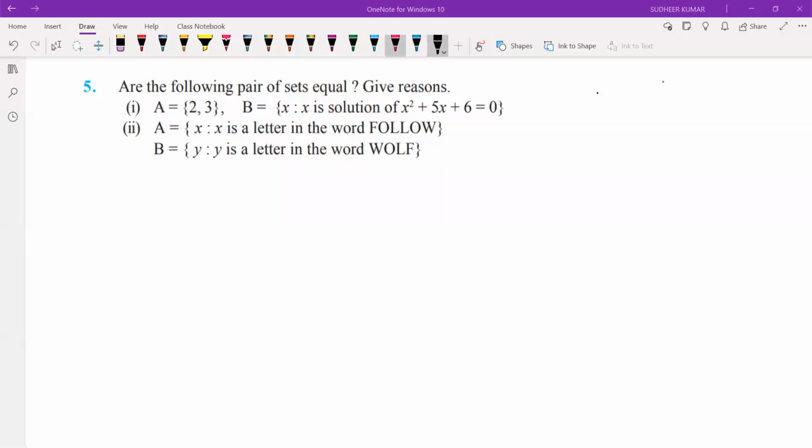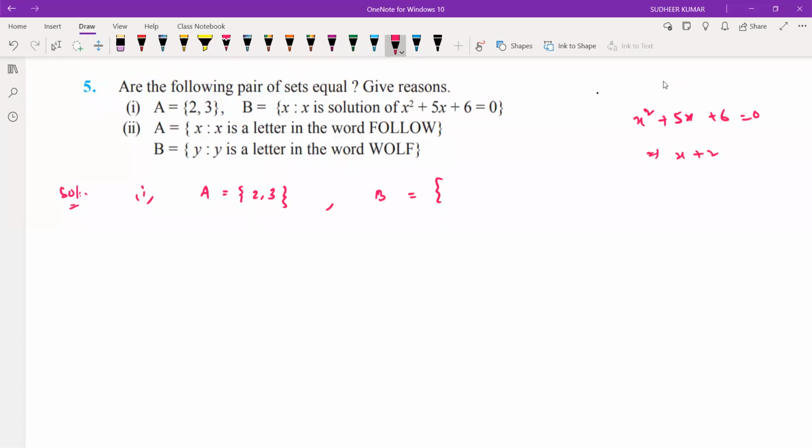Then it is easy. So the solution, the first one: set A is {2, 3}. B is x such that x is a solution of x squared plus 5x plus 6 equals 0. First you have to factorize it and find the values of x.